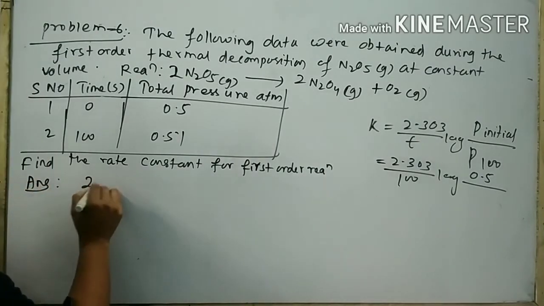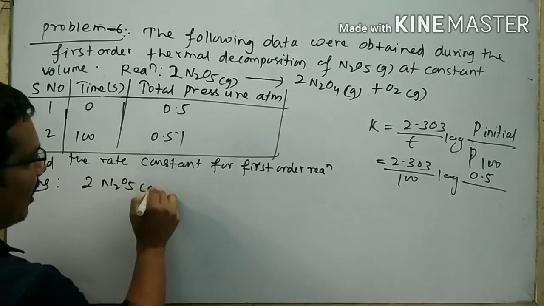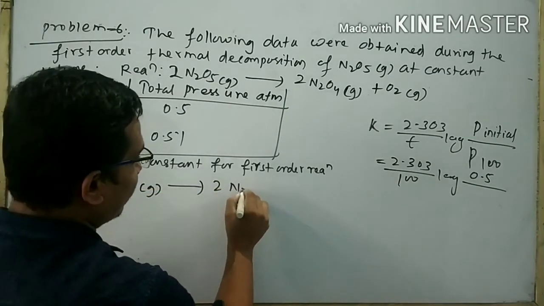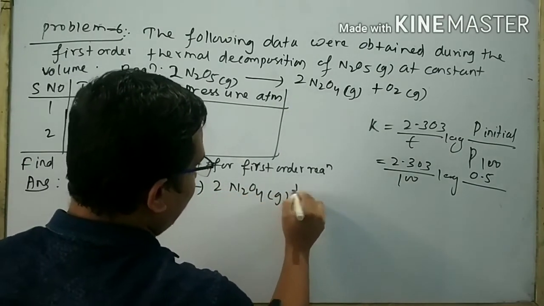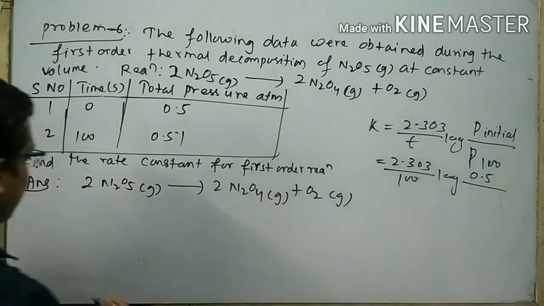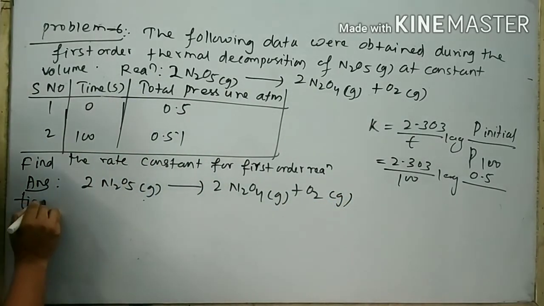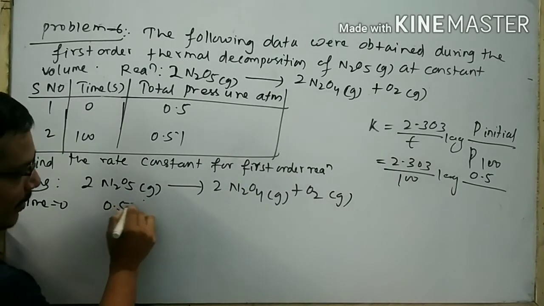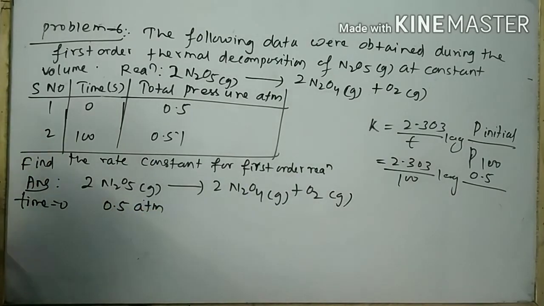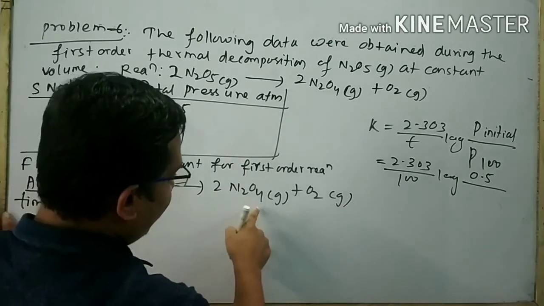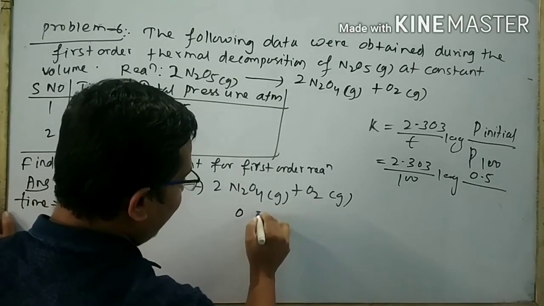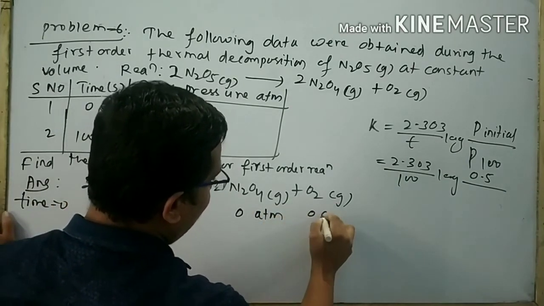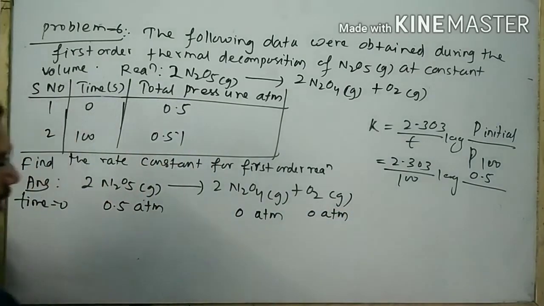The equation is your 2N2O5 gas gives 2N2O4 gas plus O2 gas. At time 0, the pressure of N2O5 is your 0.5 atm, and the pressure of both N2O4 and O2 is your 0 atm, because there is no formation of the product at the initial condition.